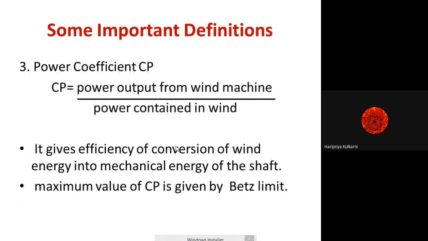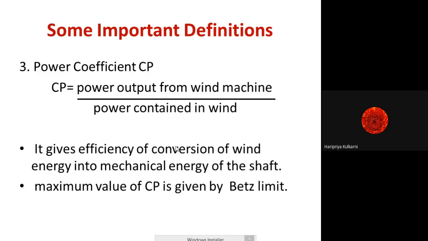Now next is the power coefficient denoted by Cp, which is equal to the power output from the wind machine upon the power contained in the wind. So actually it is an efficiency indicator, right? Power output from the wind machine is how much energy we are getting from our wind turbine, divided by the power contained in the wind. If both are the same, then we get 100% efficiency. But we are not getting 100% efficiency; there are some losses taking place.